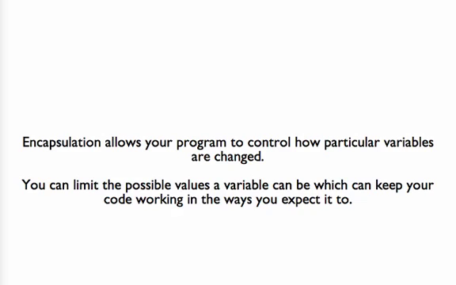Another thing this allows you to do is limit the possible values or the possible interactions that you have. So if I want to say, all right, houses can only have at most one garage, right? That's kind of a ridiculous example, but if I wanted to make a house that could only have one garage, I can go in there and say, okay, you can have 0 garages or you can have 1 garage. And if I say I want to set 4 garages, we can have the class disallow that sort of action.